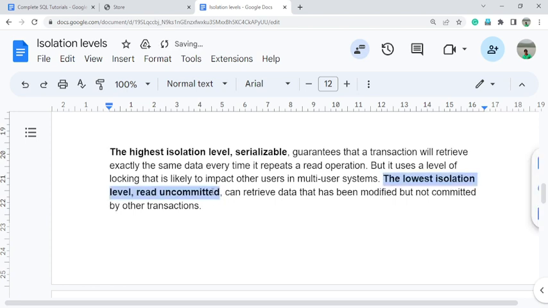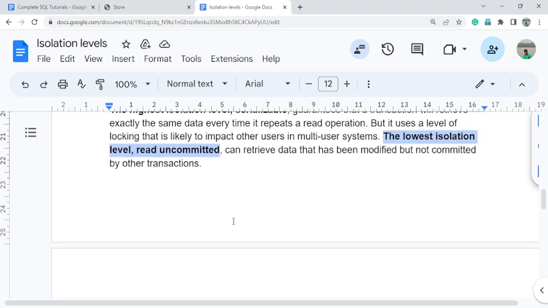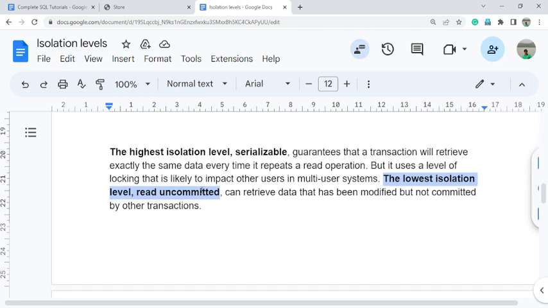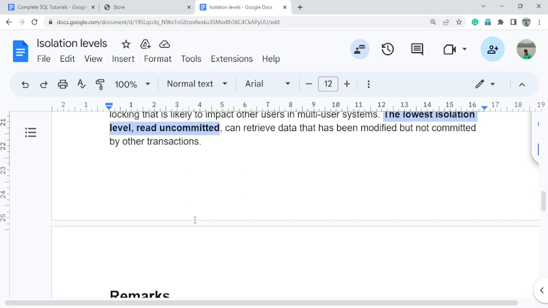Why the lowest? Because with read uncommitted, you might read uncommitted data. For example, one transaction updates, you read it, but at the same time the second transaction rolls back. So you read incorrect data, that is called a dirty read, which I explained in the previous video. So the highest level is serializable, and the lowest level is read uncommitted.